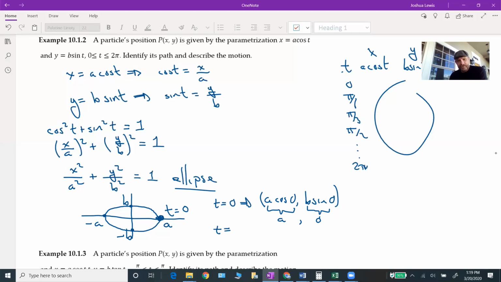I'm going to choose pi halves. Well, at pi halves, x is going to be a times cosine pi halves. So now my x is 0, and my y will be b times sine pi halves, or b times 1, b. So here it is at t equals pi halves. So I know my direction now, right? So the path is an ellipse, and the particle is moving in a counterclockwise direction, okay?